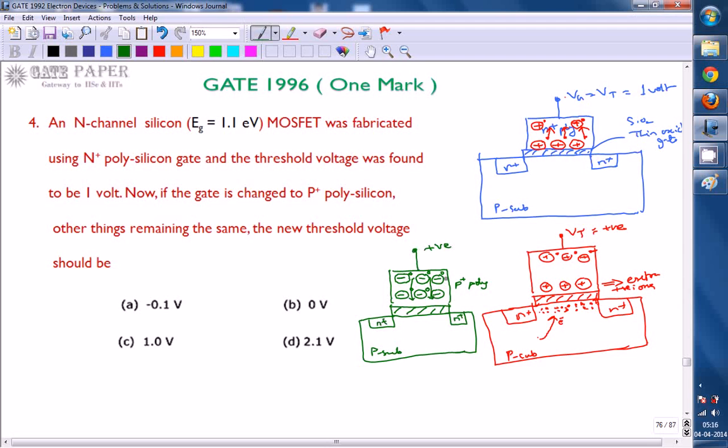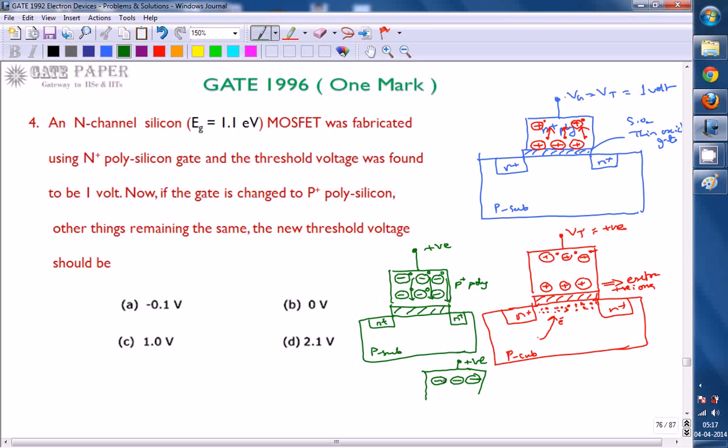The actual diagram then has negative ions forming near the gate material, and what you are applying is a positive voltage. Even though you apply this positive voltage, these negative ions stop its effect. They restrict the effect of the positive voltage.